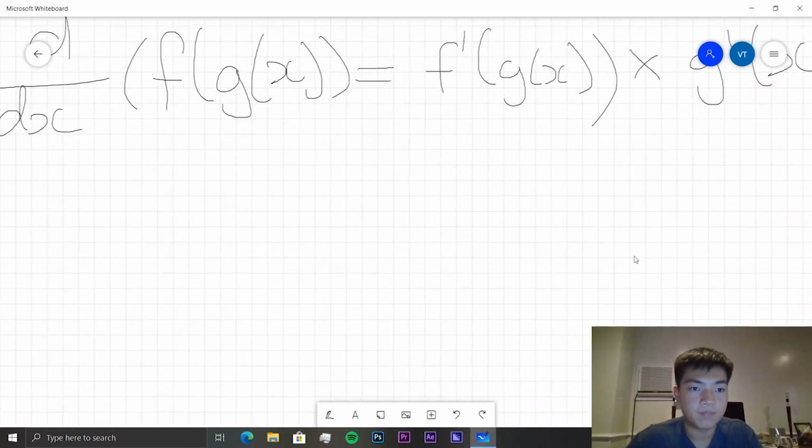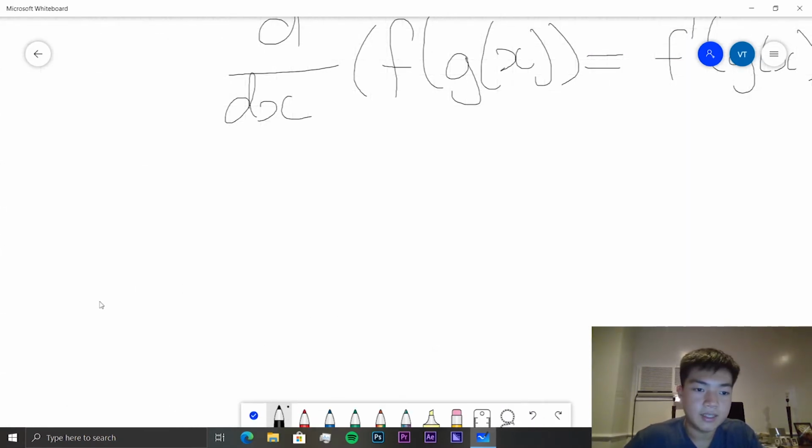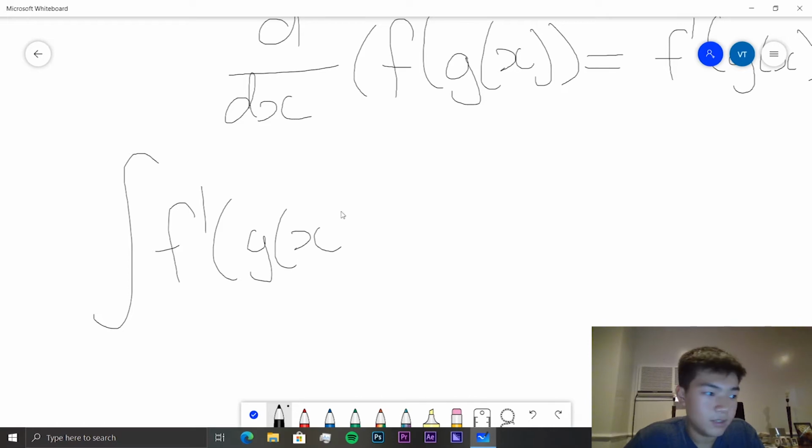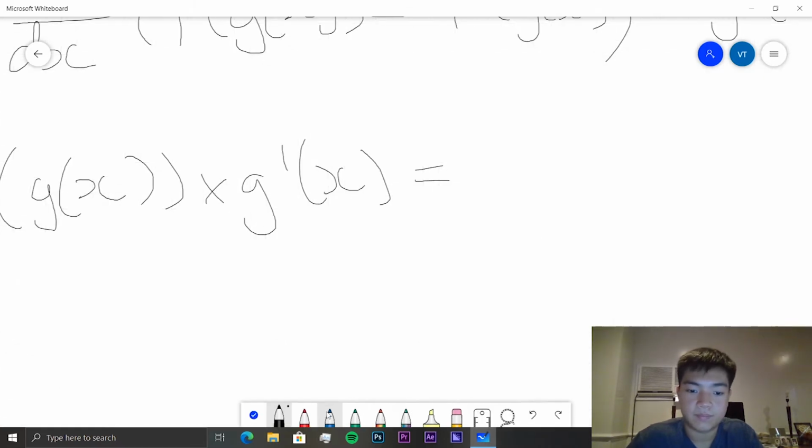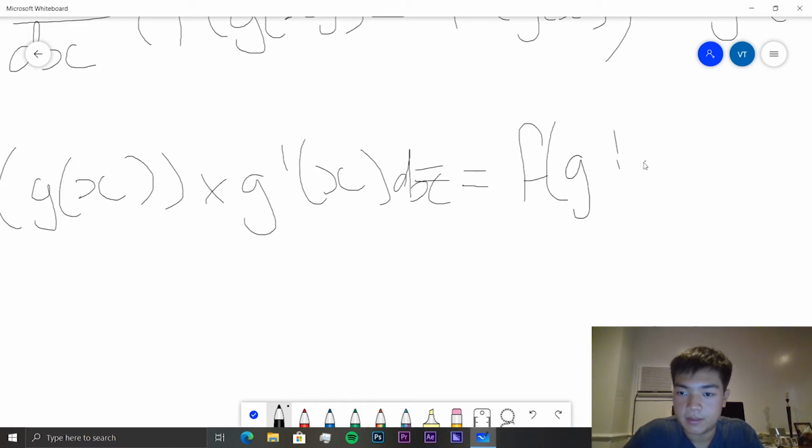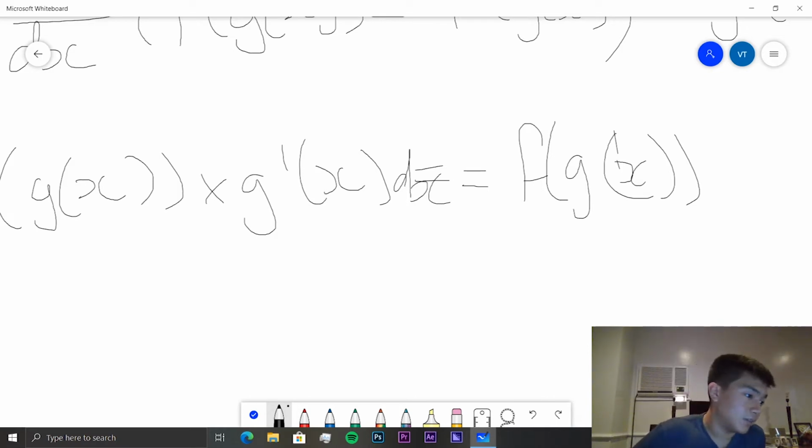So therefore, the integral of f prime of g of x times g prime is equal to the original compound function, f of g of x. So yeah, this is quite important.